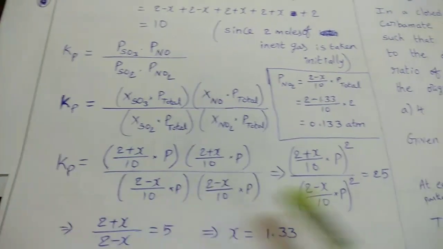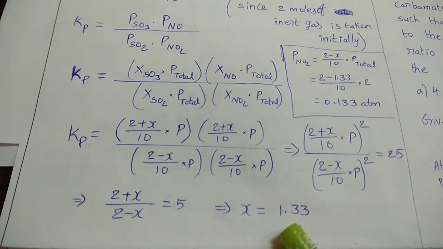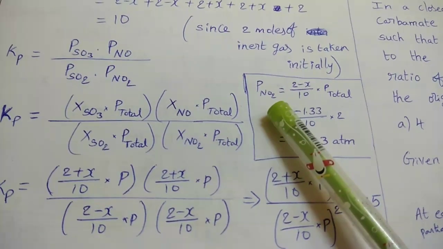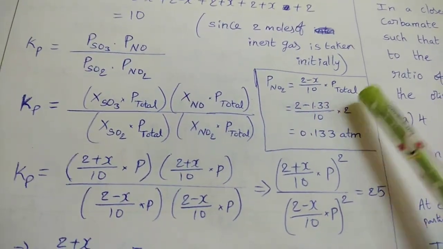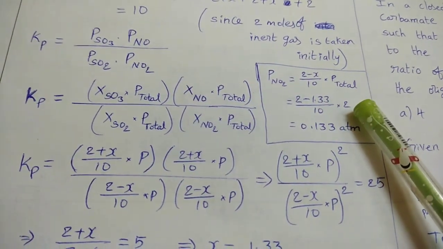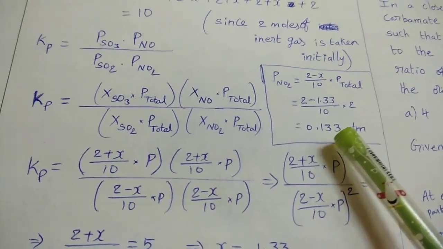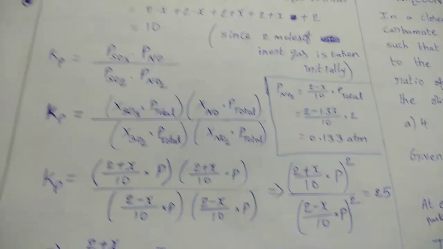Now the Kp value is given, 25. By solving this, we get the x value 1.33. So finally, the partial pressure of NO2 at equilibrium equals the mole fraction of NO2 into total pressure. Substitute the x value and the total pressure, given as 2 atmosphere. After calculation, the partial pressure of NO2 is 0.133 atmosphere.